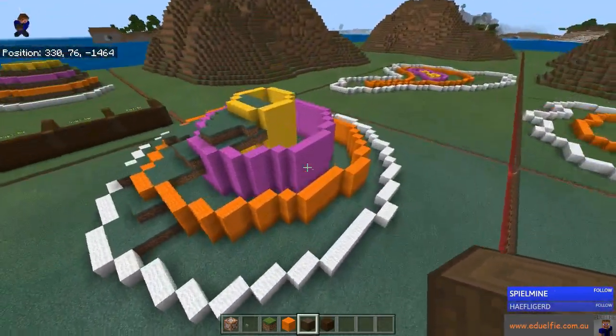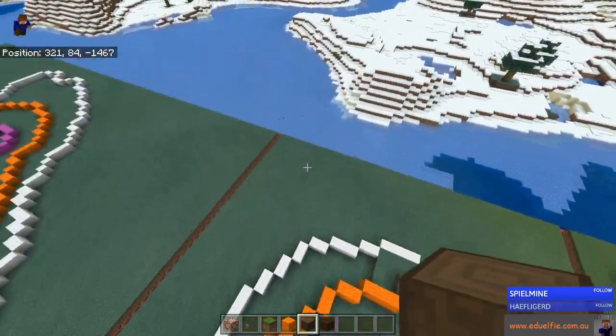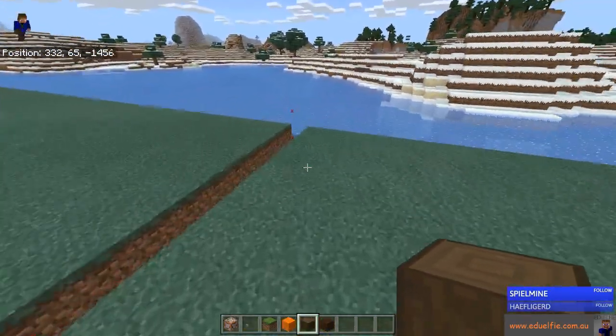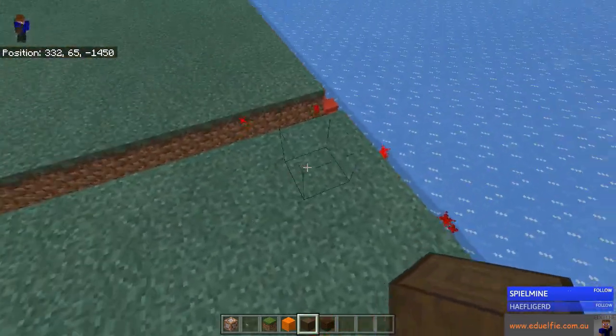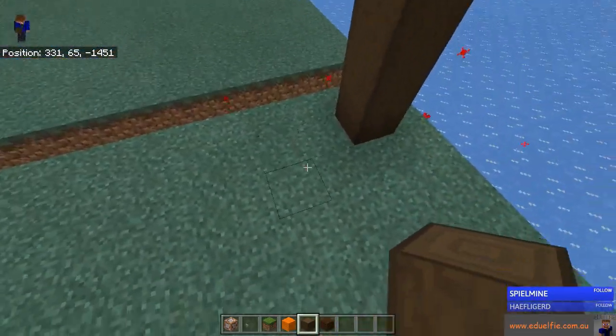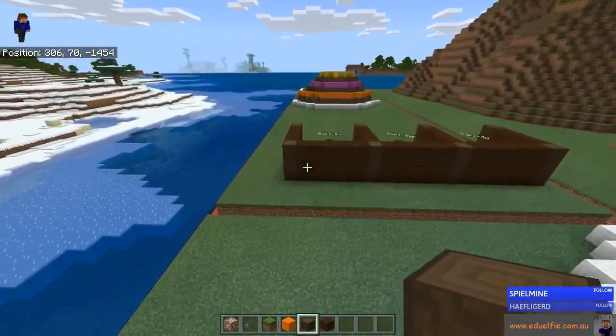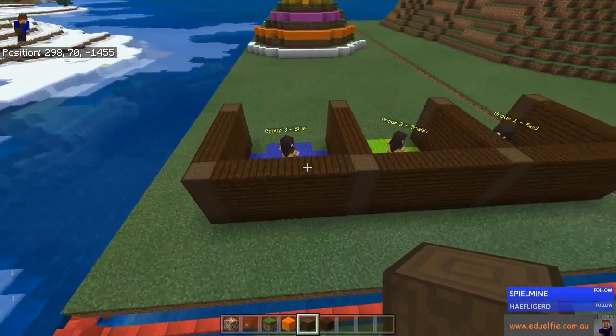Where's the best spot for it? That corner is definitely right. Okay. And then it's 5, isn't it? 1, 2, 3, 4, 5, yeah.